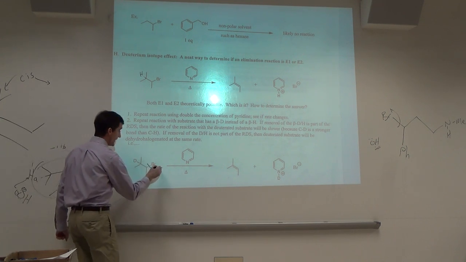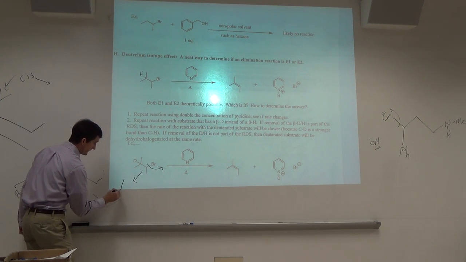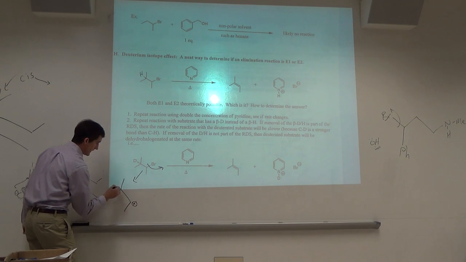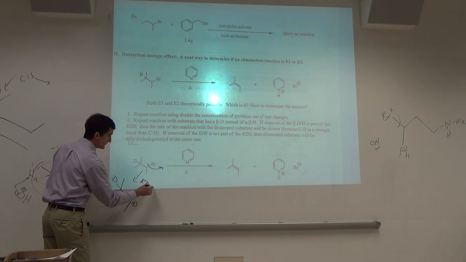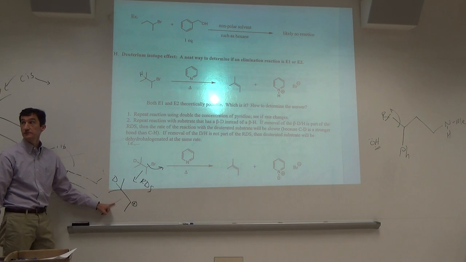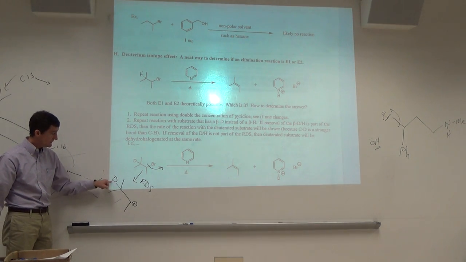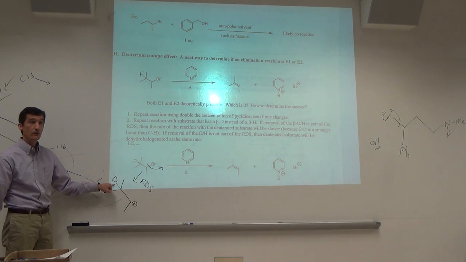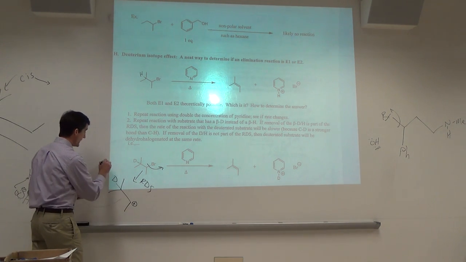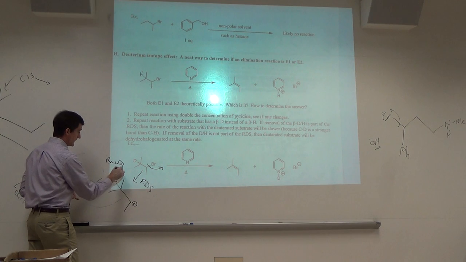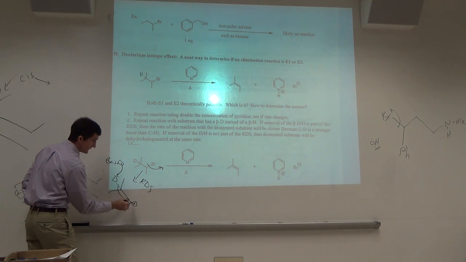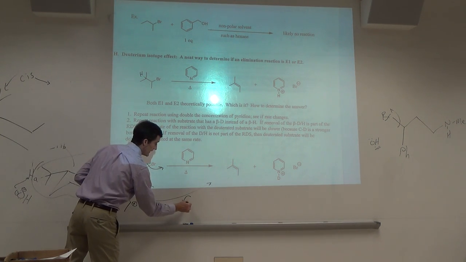E1 would be this ionizing to give that, right? That's the rate determining step of an E1, just like an SN1, ionization. Did we break the bond? No. The next step is the base takes the H or D and puts in this, but that's fast.